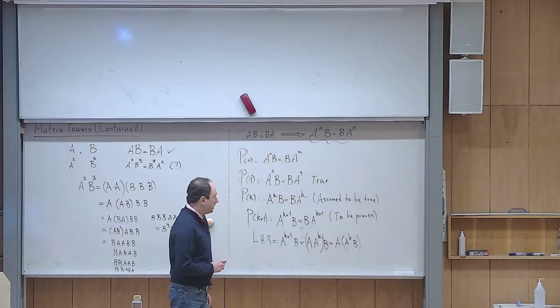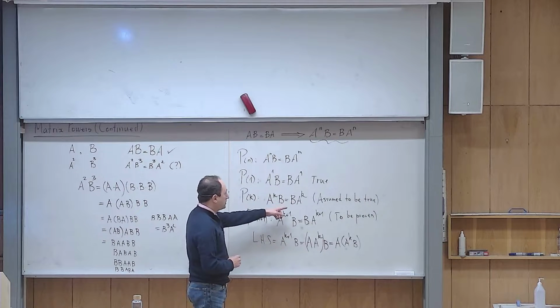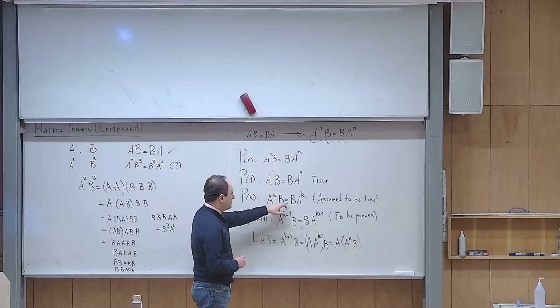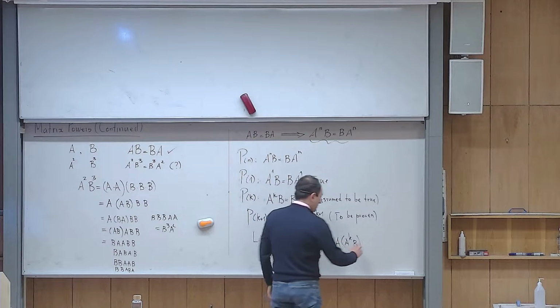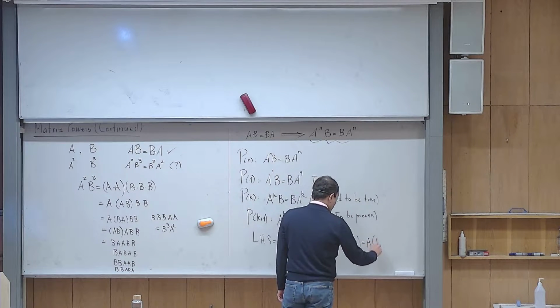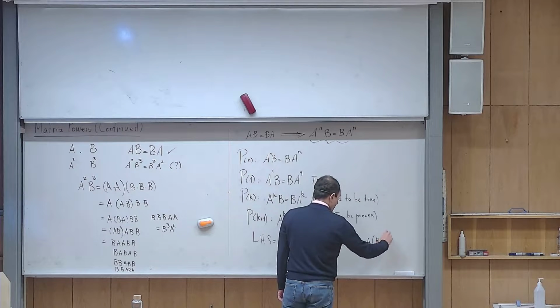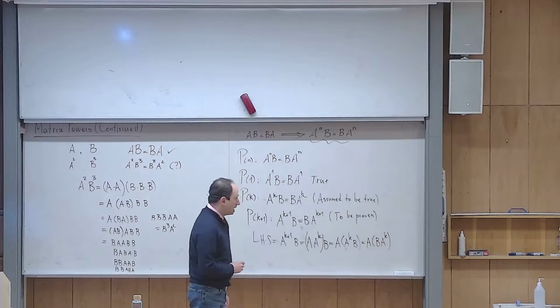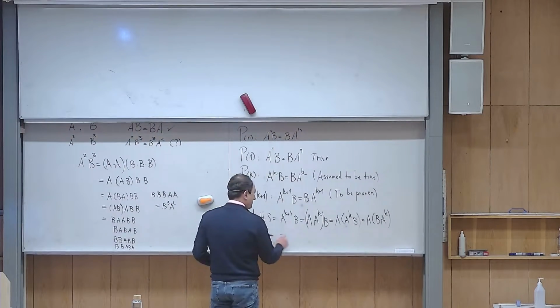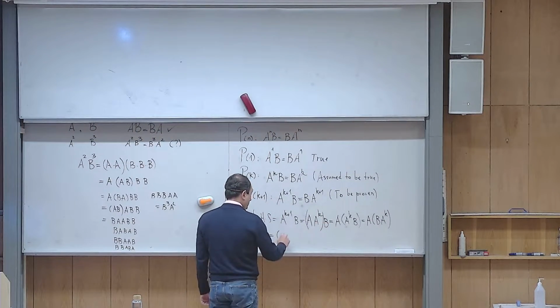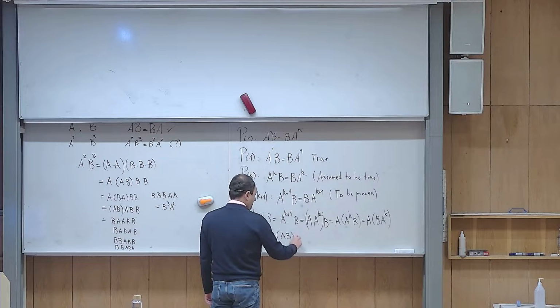But according to my assumption, A^K B is B A^K. So instead of A^K B, what can I write? And then I use associativity once more to remove the pair of brackets around the second pair and put them around the first pair.